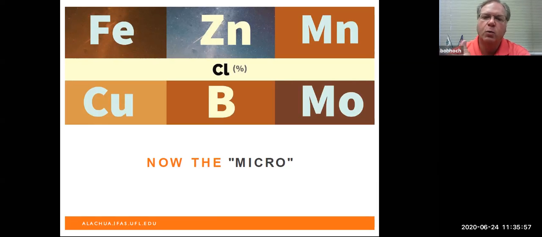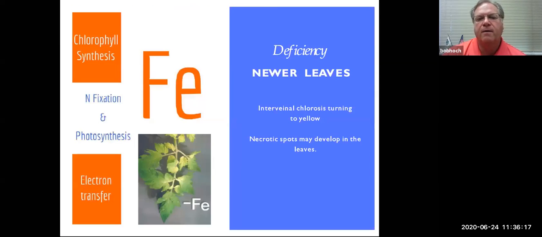And if you've got a nice rich soil that has a lot of organic matter, and you're maintaining a good pH, you may be less likely to see some of these kinds of nutrient deficiencies. But anyway, iron, zinc, manganese, copper, boron, molybdenum, and chlorides are the other ones that we're going to talk about here. So I first want to start with iron.